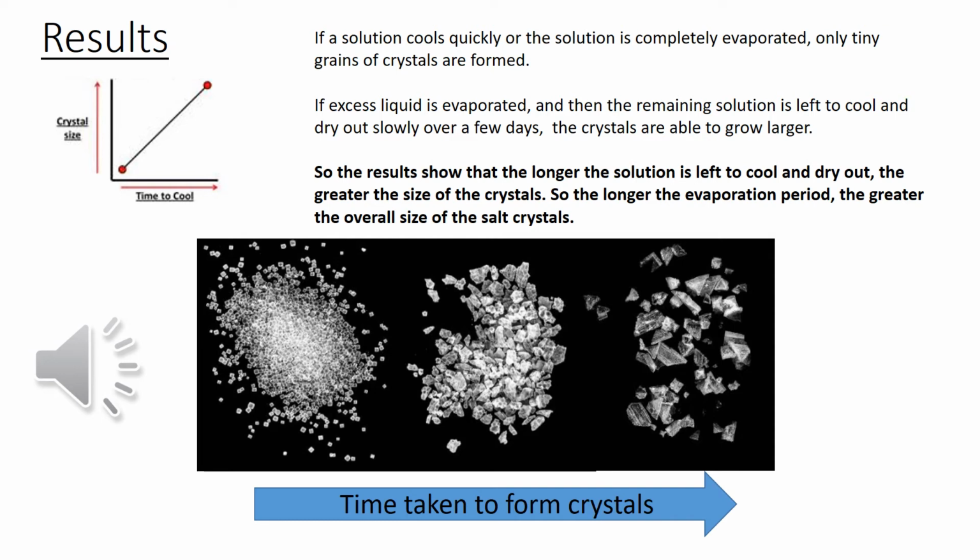If there's excess liquid, as there was when we did the experiment in the lab, we used a Bunsen burner to get rid of the excess liquid, and then we left it to dry on the side over a few days. And you saw that the crystals got bigger and bigger. So what we can generalize here is that the longer the solution is left to cool and evaporate, the greater the size of the crystals.